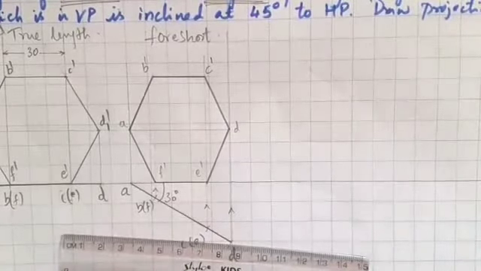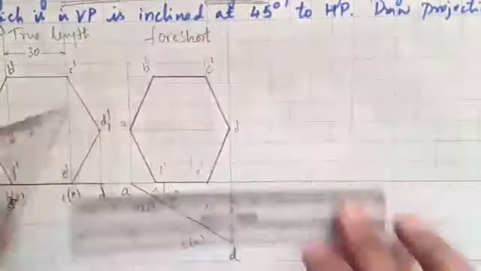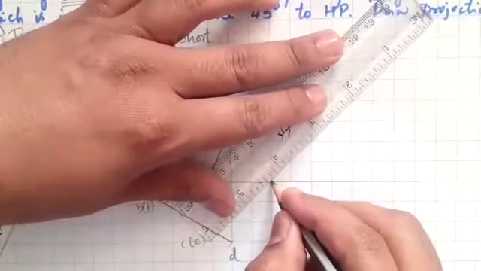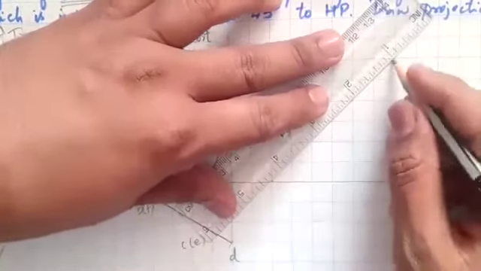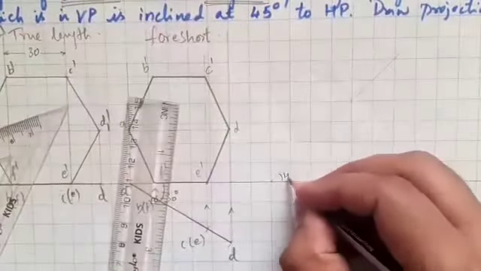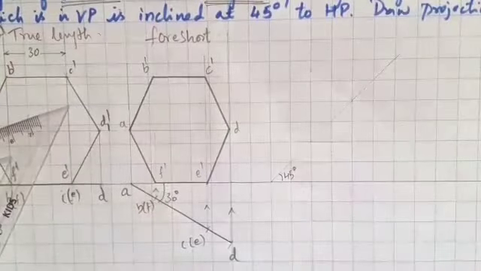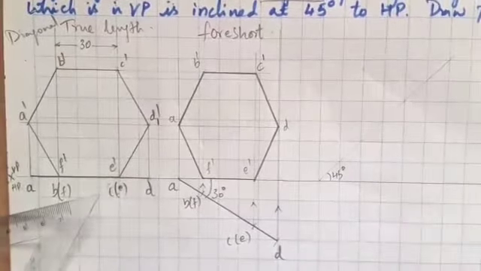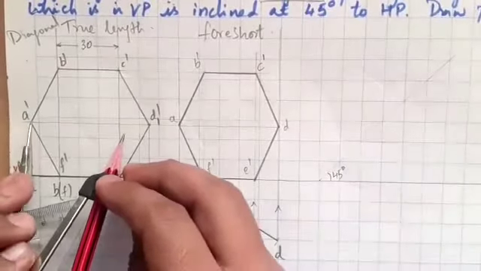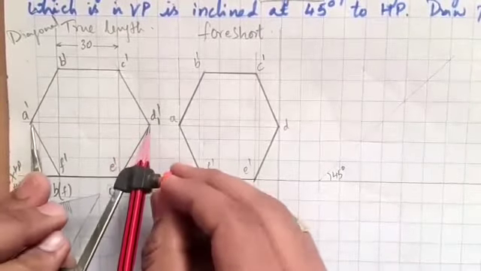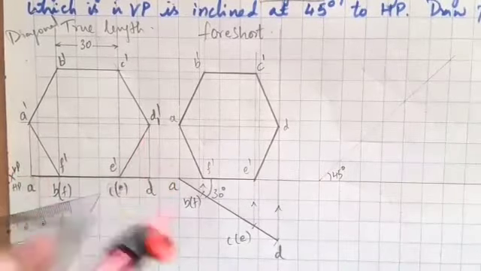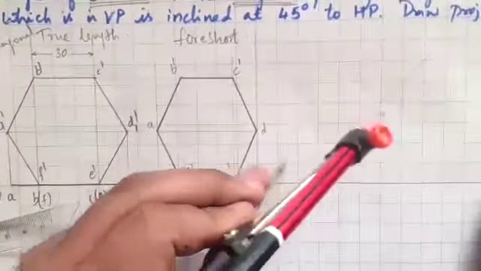So draw a 45 degree line from here. A dash D1 dash is the true length of the diagonal that I am taking here and marking it here.